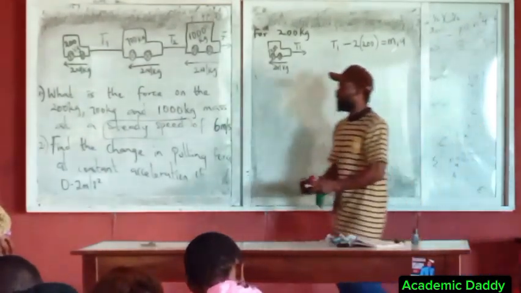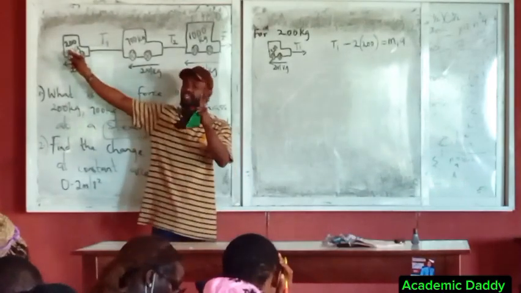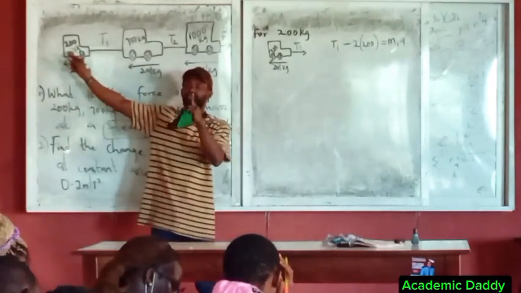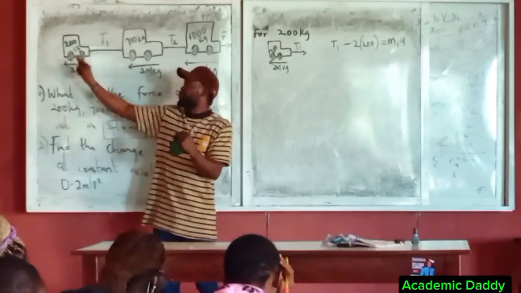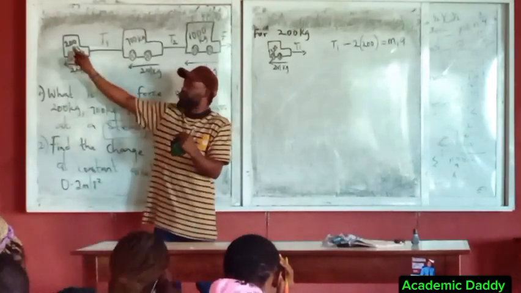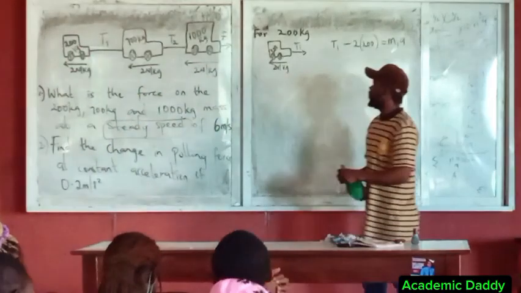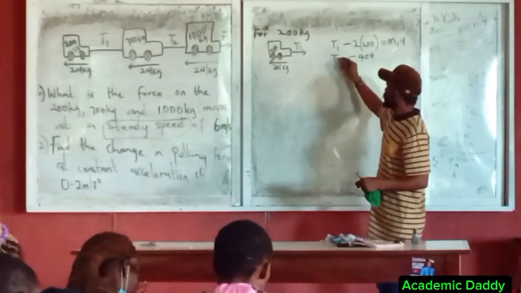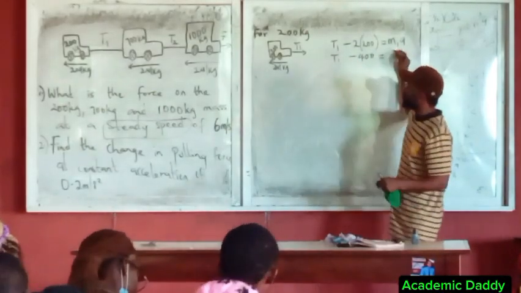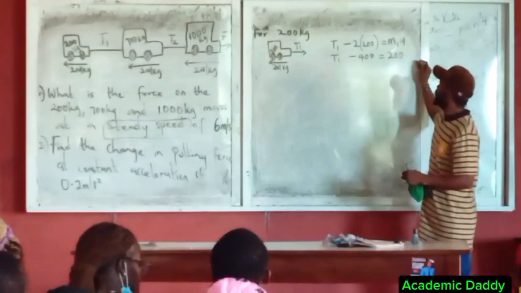So when they tell me that I have a resistance of 2 newton per kg, it means that 1 kg has a frictional resistance of 2 newton. 2 kg will have 2 times 2, while if it's 200 kg, it will have 2 times 200. That will be the resistance. So please always remember this. So this gives me T1 minus 400 equals M1A, and my M1 is what? 200. Did they give me acceleration?